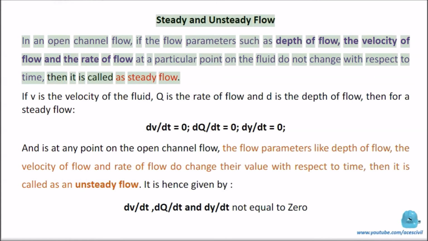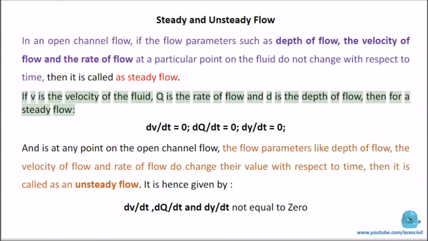Steady and unsteady flow in an open channel flow: if the flow parameters such as depth of flow, the velocity of flow and the rate of flow at a particular point on the fluid do not change with respect to time, then it is called a steady flow.